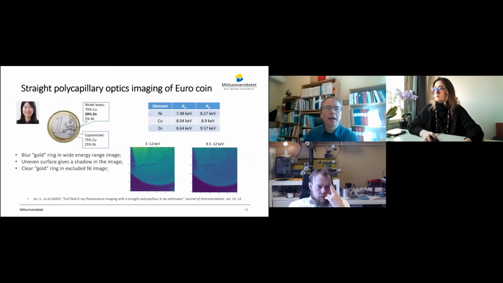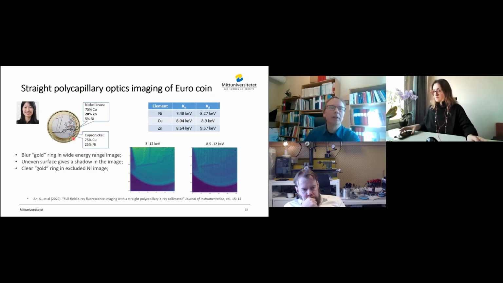Using that we have actually been viewing a euro coin, just to see that we can distinguish this nickel brass, where we have zinc from the copper and nickel in the middle.